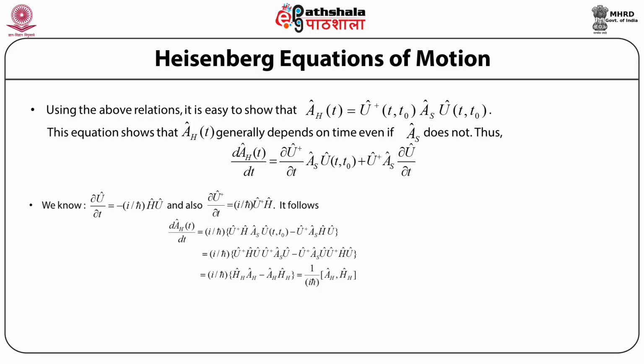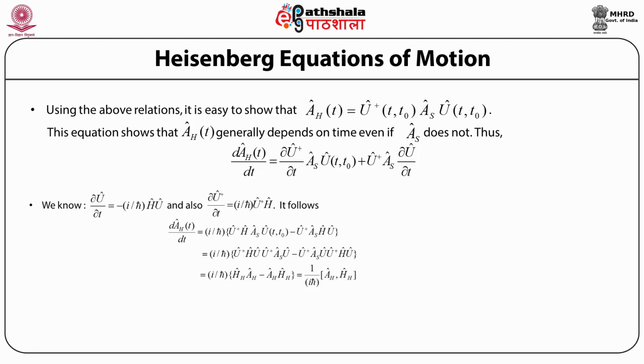And from this equation, we can see that the second term within brackets on the right hand side is the commutation relation between the Hamiltonian operator H_H and the operator A_H.